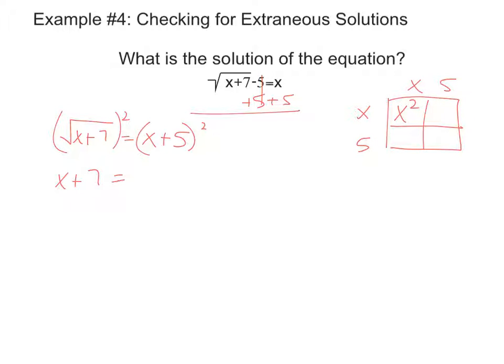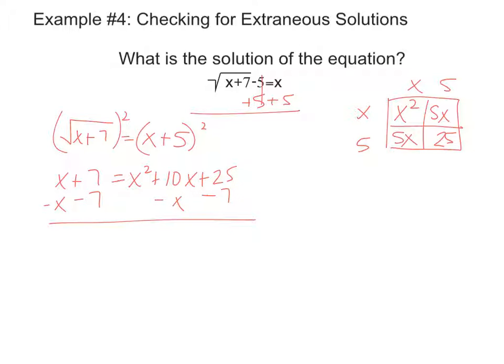So it's going to be x squared, 5x, and 25. So that will give us x squared plus 10x plus 25. All right, we'll then subtract x and subtract 7 because originally on the left-hand side we had a linear equation, on the right-hand side we had a quadratic. So this will be gone. And we're going to be left with x squared plus 9x plus 18.